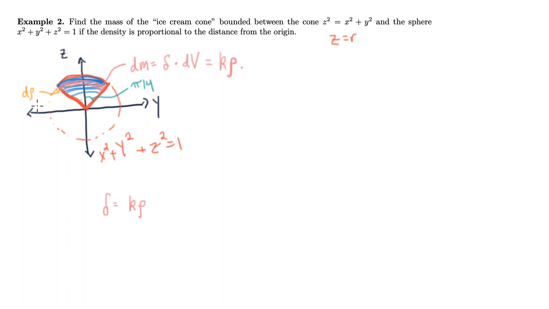Okay, and then somehow, where is the angle going between? Well, the angle is going, sort of the width this way, from 0 to pi over 4. And so I have something like rho times pi over 4.